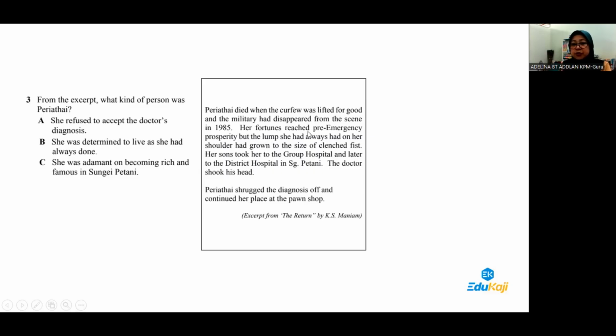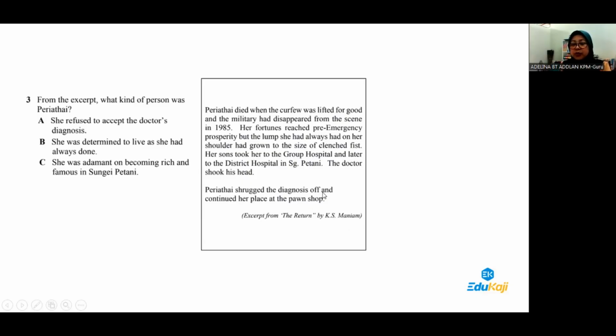Her fortunes reached pre-emergency prosperity, but the lump she had always had on her shoulder had grown to the size of a clenched fist, meaning that she actually is having a problem at the moment. Her sons took her to the group hospital and later to the district hospital in Singapore. The doctor shook his head.